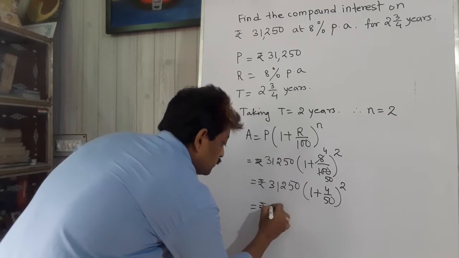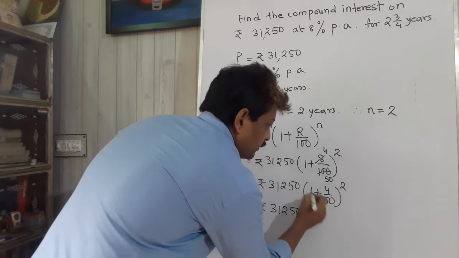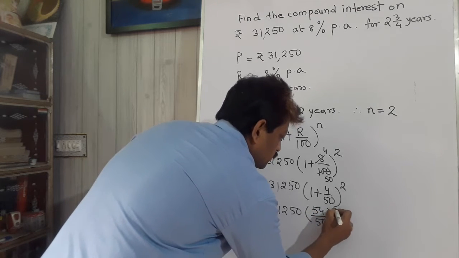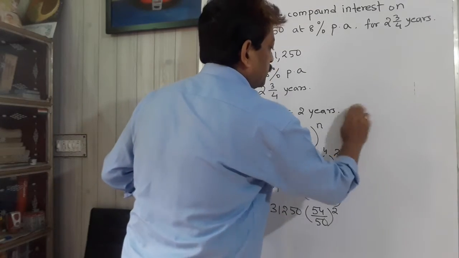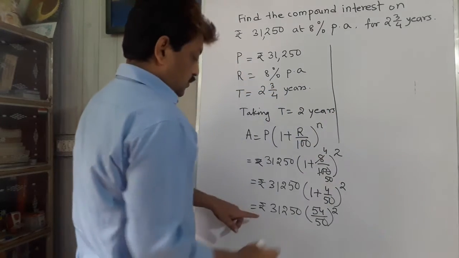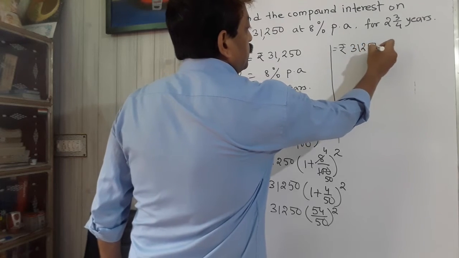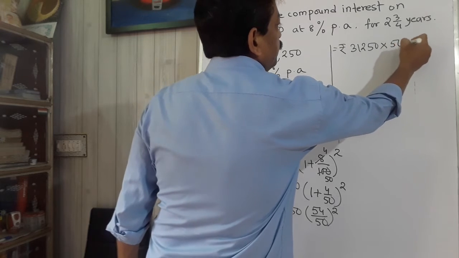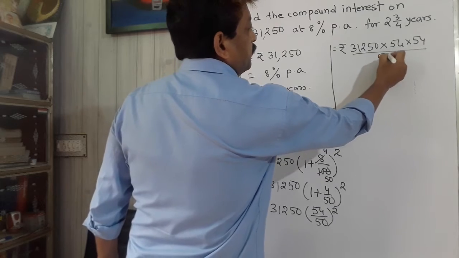So rupees 31250 multiplied with (50 plus 4, that is 54, by 50) squared, equals rupees 31250 multiplied with 54 squared, 54 into 54, divided by 50 multiplied with 50.